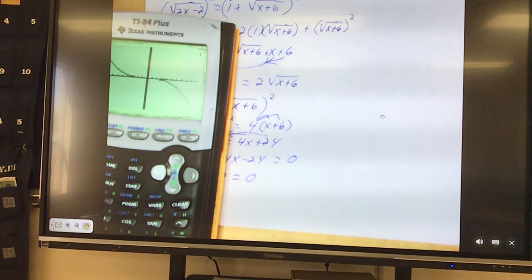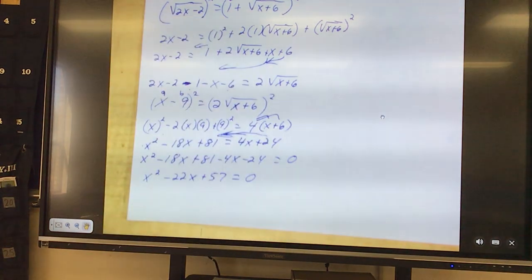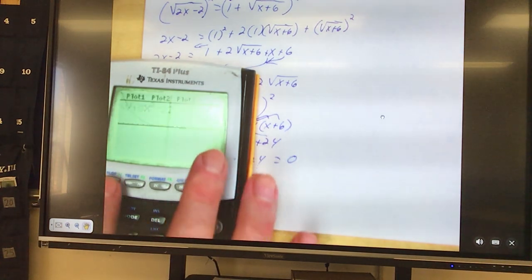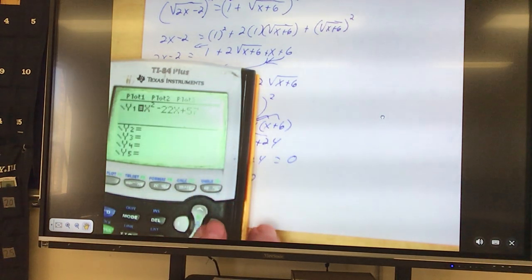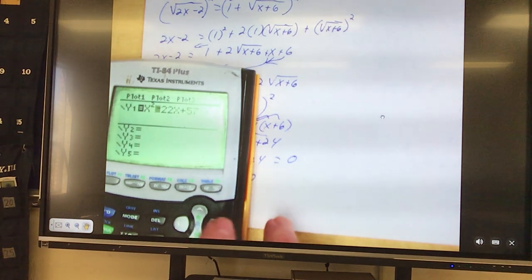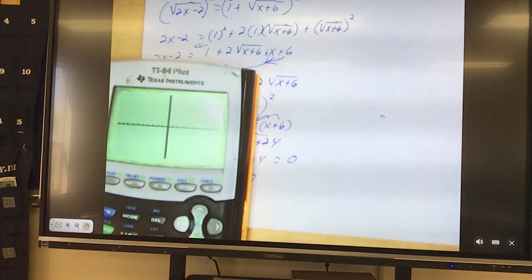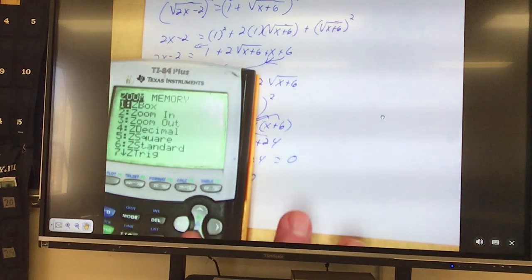And then I must have put something in wrong. Let's check it. Y equals, yep, I did. That is supposed to be a minus 22 graph. Okay, zoom fit.